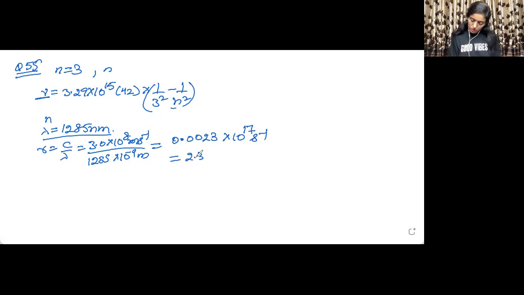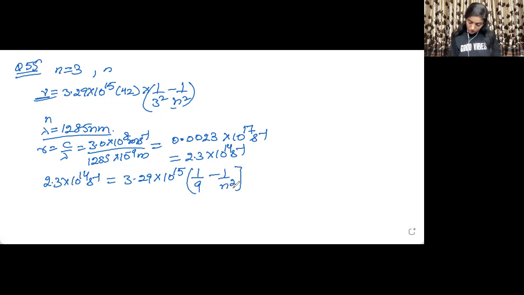So 2.3 × 10^14 per second. Now we put the value here: 2.3 × 10^14 per second is equal to 3.29 × 10^15 into (1/9 minus 1/n²).